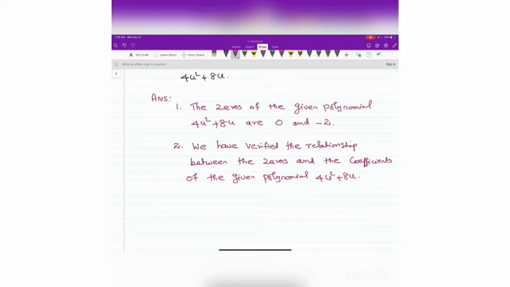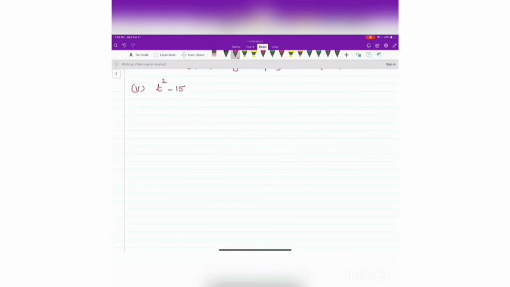See, every step is important as far as the board examination is concerned. Now, we will pass on to subdivision 5. Fifth subdivision. The given polynomial is t square minus 15. Let's do it now. Solution.